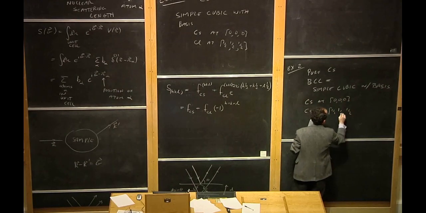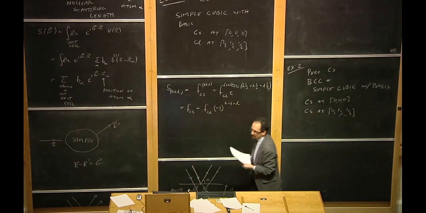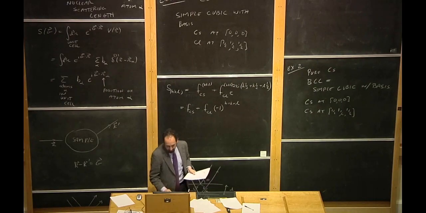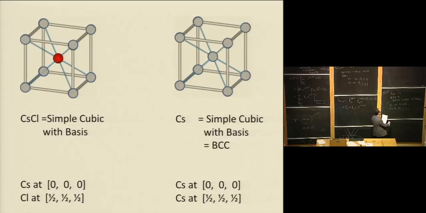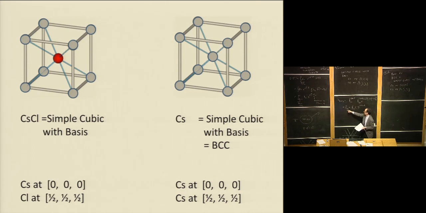So in other words, we're just replacing the chlorine by another cesium. We discussed this before, and so there's the picture of it. You just replace the chlorine with the cesium. So we get exactly the same result, except now f chlorine, the one from the center of the conventional unit cell, is going to be the same as f cesium.